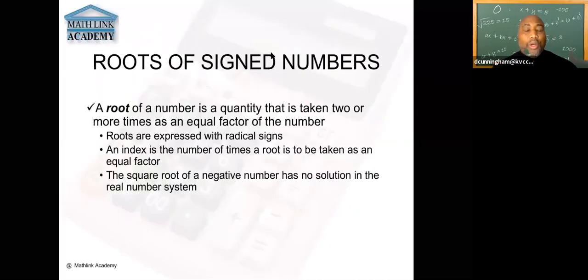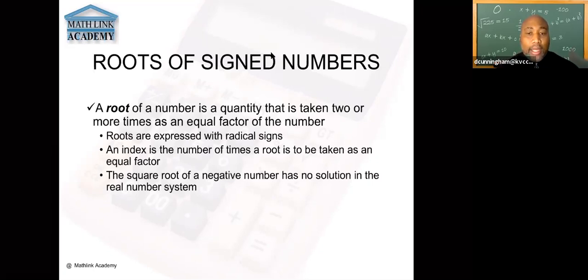Now, the last thing we're going to cover are roots of signed numbers. A root of a number is a quantity that is taken 2 or more times as an equal factor of the number. And that's key, an equal factor of the number. Roots are expressed with radical signs.